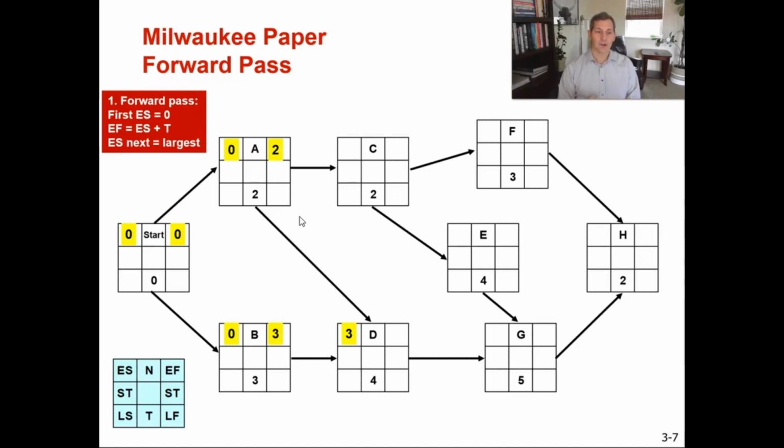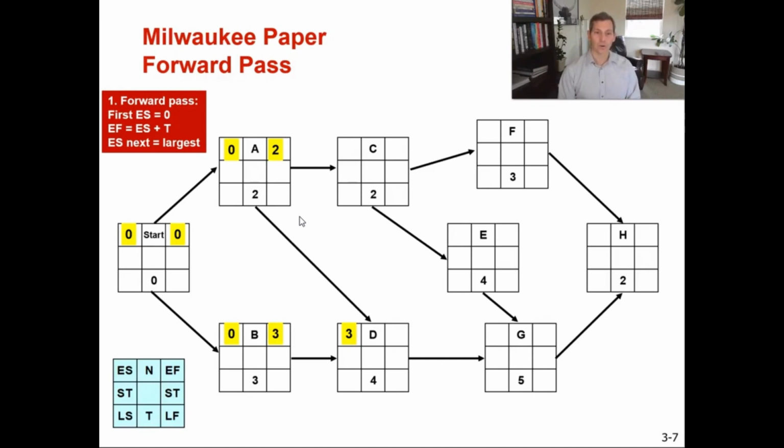Activity D can't start until activity B is done, and activity B takes 3 weeks. So the earliest time you can start D is the 3rd week because activity B was your longest lead time item. It had the longest duration of 3 weeks.